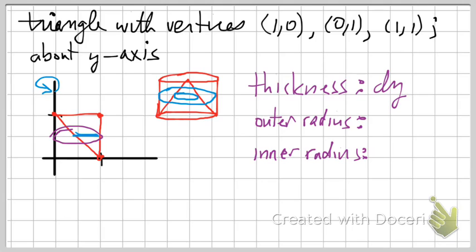The outer radius is 1 minus 0. The inner radius, what are we going to need? We need the equation for that line, right? That's where we have to do a little bit of extra work because they didn't give it to us. But that's okay. So what's the equation of that line? How can I get it?